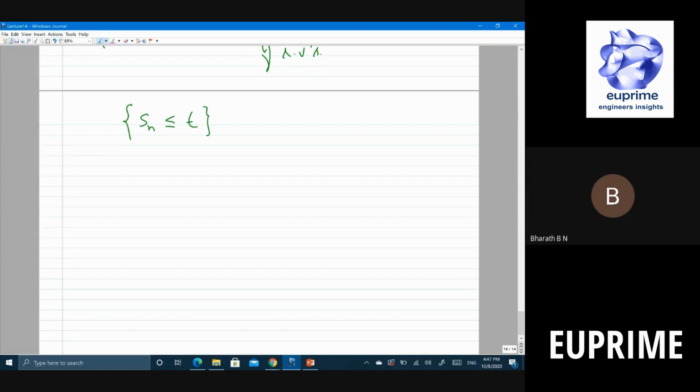So this particular event says that the time at which the nth person arrived is less than or equal to t. That means within time t, so this is your t, 0 to t, there were n or more arrivals. N or more. Okay, that's what it says.